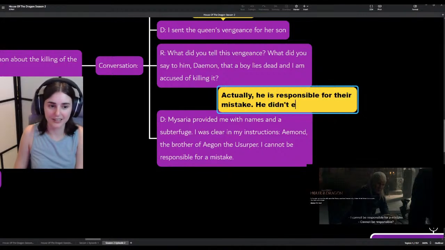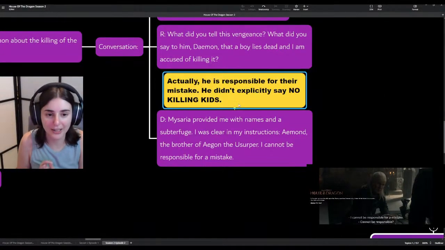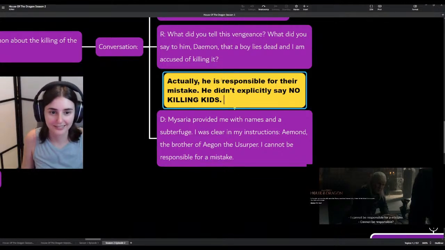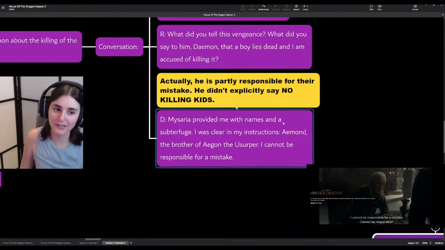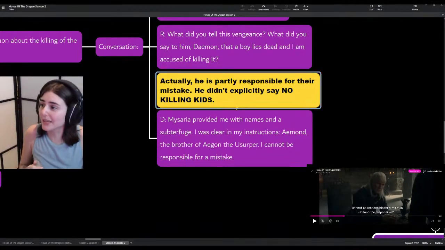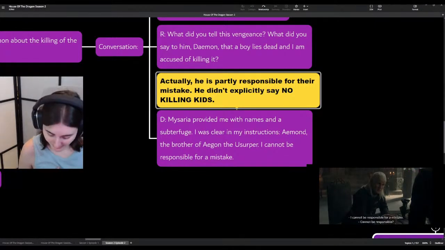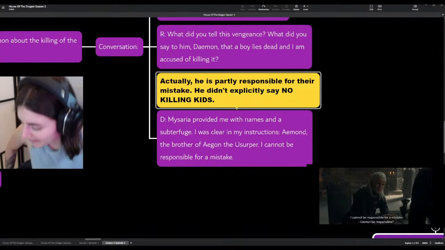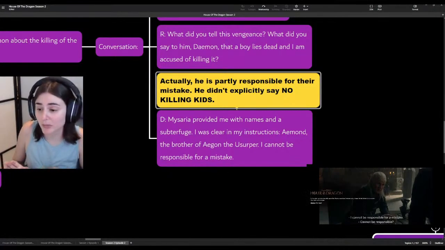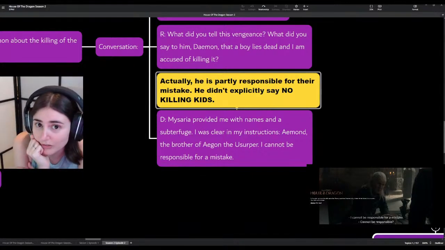He didn't explicitly say no killing kids. Yes, the individuals are at fault in that as well, partly. Maybe my heart wants to say that Daemon didn't say kill the child, but he probably did, because of that pause we got in the previous episode, where the guy goes, well, if we can't find them, what do we do?